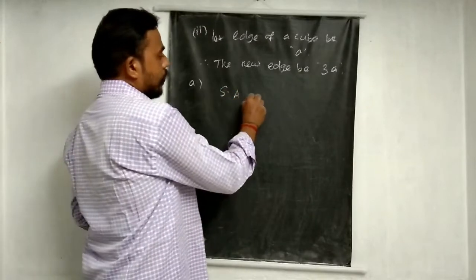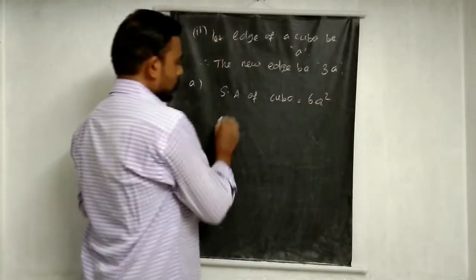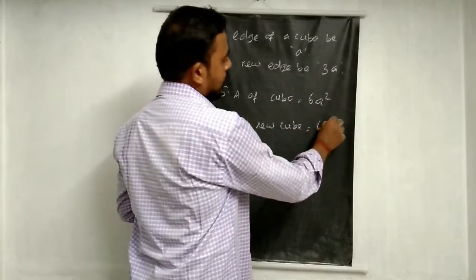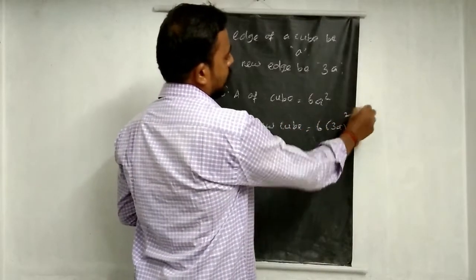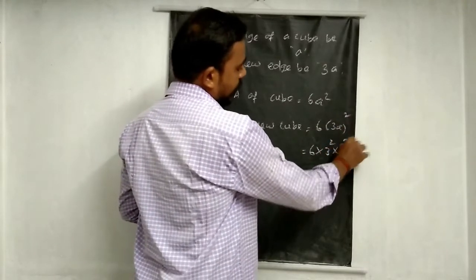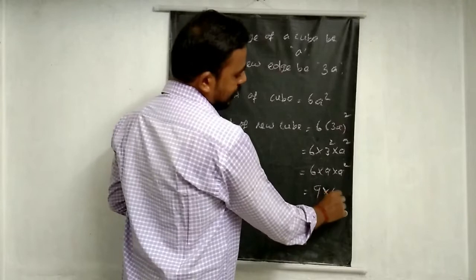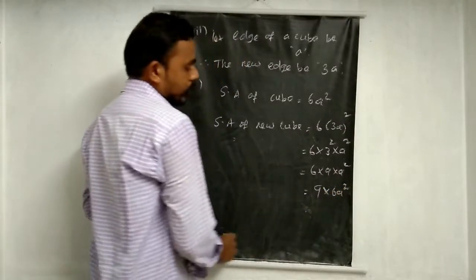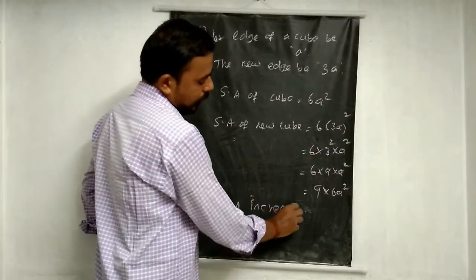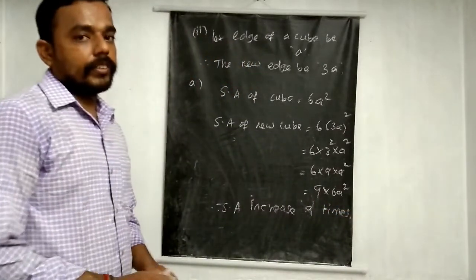Surface area of the old cube is 6A square. Surface area of the new cube is 6 into (3A) whole squared, so 6 into 3 squared into A square, 6 into 9 into A square. So it's 9 times 6A square. Therefore the surface area increases 9 times.